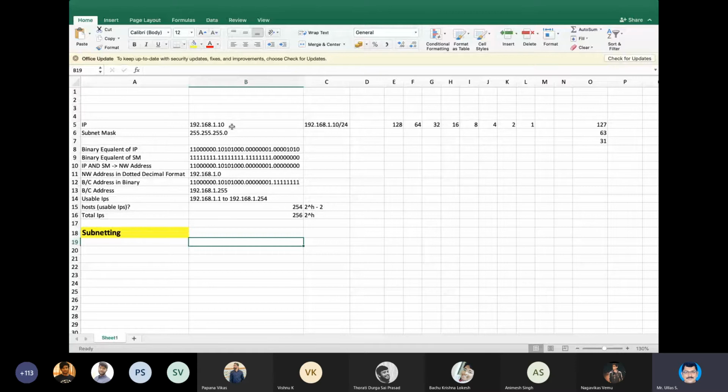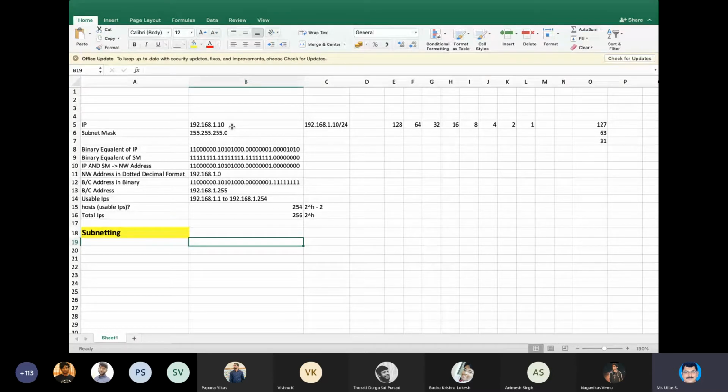Okay, so in this network you have 256 IPs possible. Out of that, 254 you can use. If you give such a network address for your browsing center, out of 254 you will be using only 5.